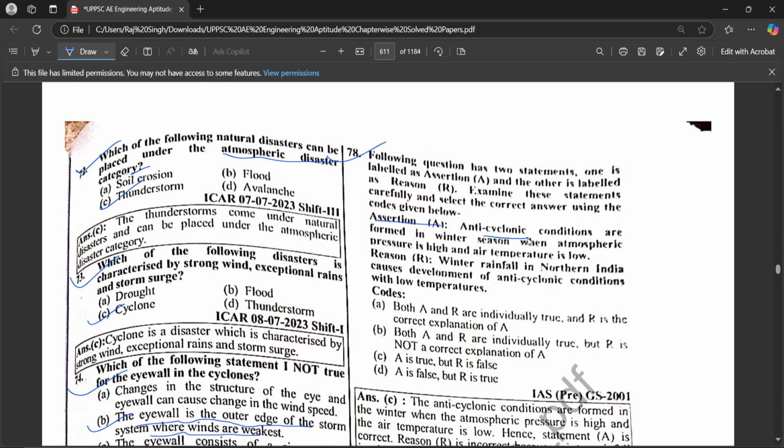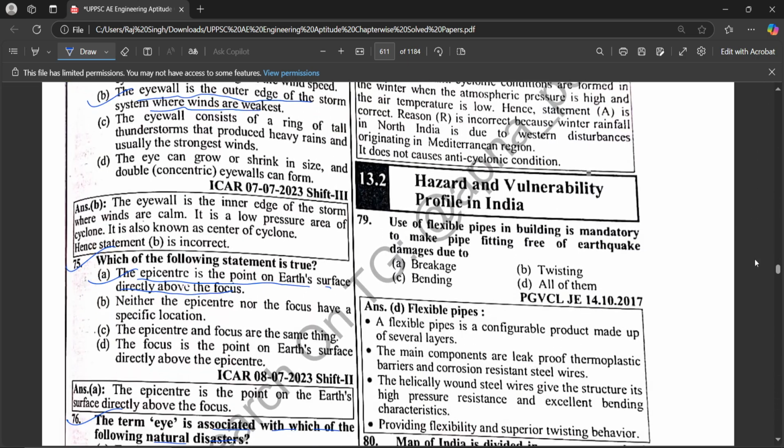Assertion: Anticyclonic conditions are formed in winter season when atmospheric pressure is high and air temperature is low. Reason: Western disturbance winter rainfall in northern India causes development of anticyclonic condition with low temperature. Hence, assertion is true, but reason is false.